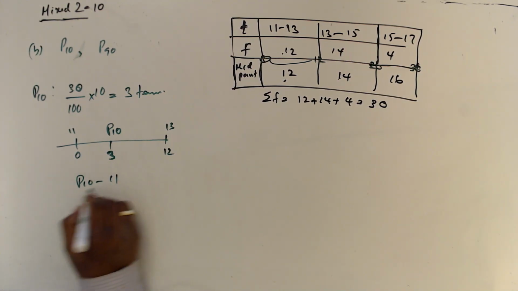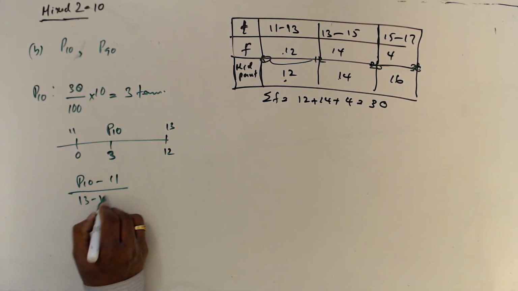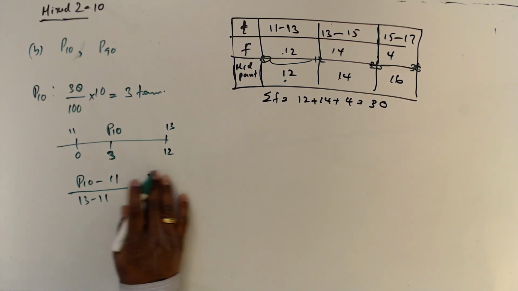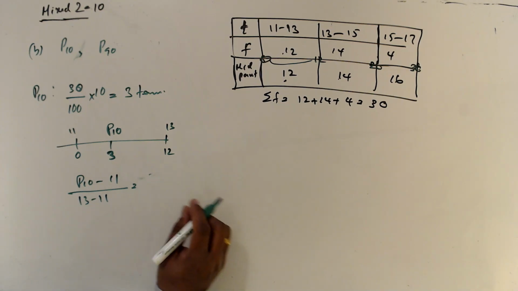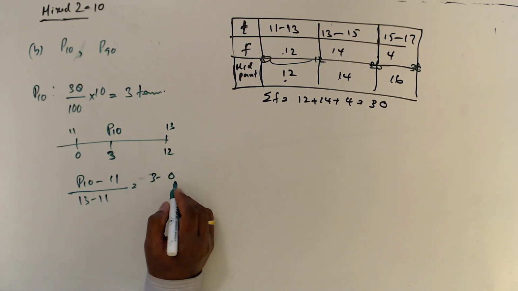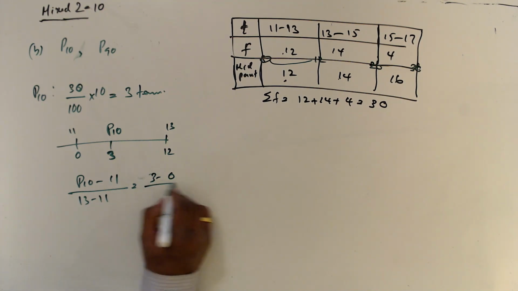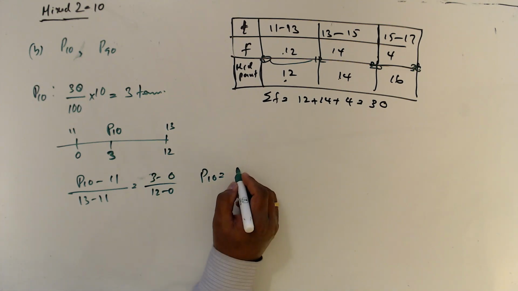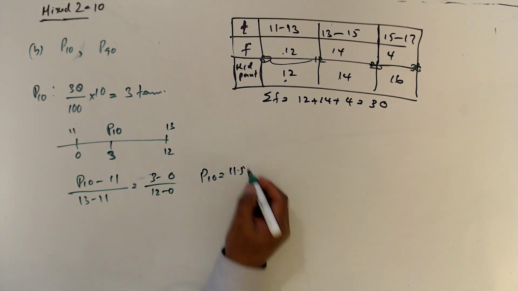P10 minus 11 over 13 minus 11 equals 3 minus 0 over 12 minus 0. So P10 we will get as 11.5.